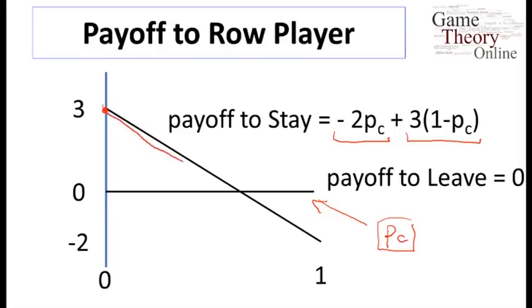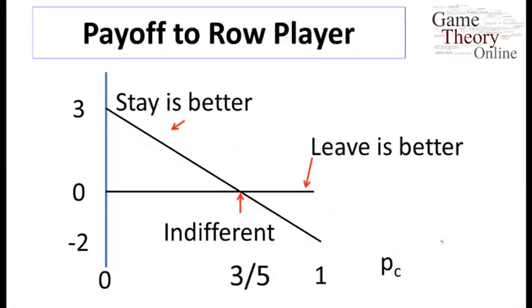So we end up with this downward sloping line representing the payoff to stay, and the payoff to leave is always 0. So what do we end up with? We end up with stay being the better strategy if PC is less than or equal to 3/5. We end up with leave being better if PC is bigger than 3/5.